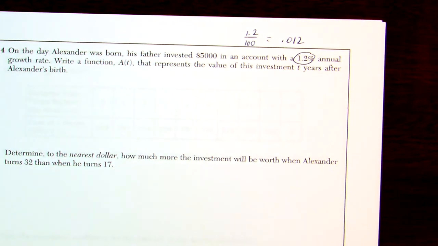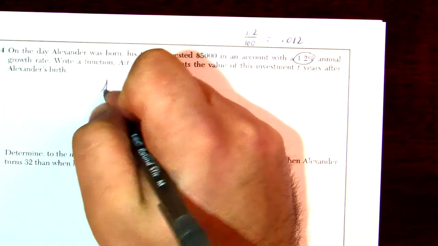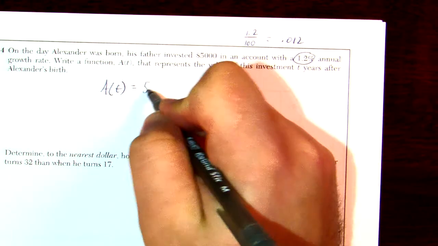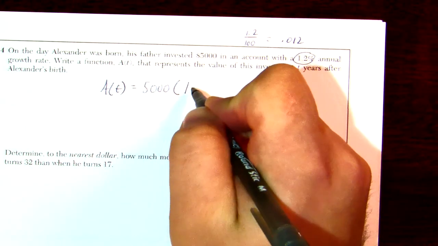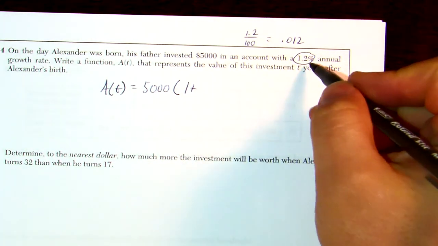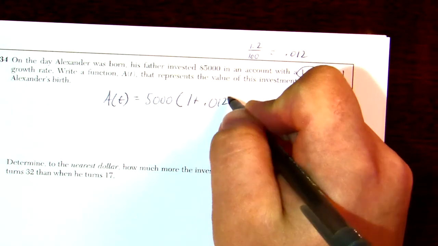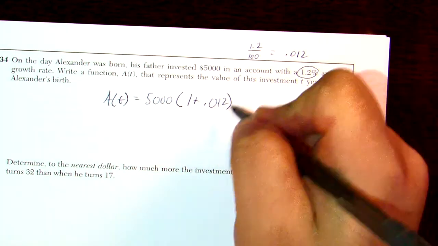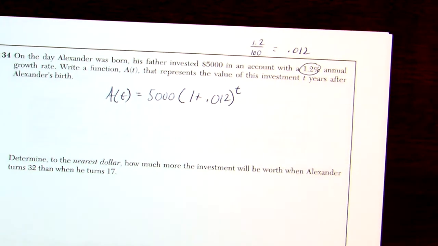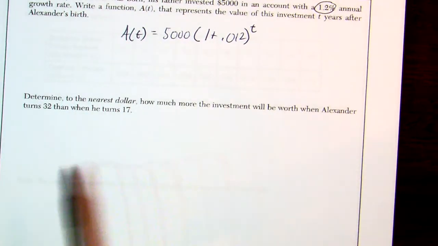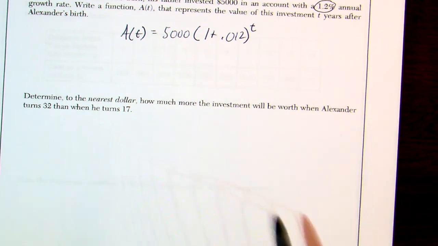So the function they want, A of t, is going to be 5,000, your initial, times 1 plus the decimal, 0.012, to the time, t. Since we have that, they want us to determine, to the nearest dollar, how much more the investment will be worth when Alexander turns 32 than when he turns 17.